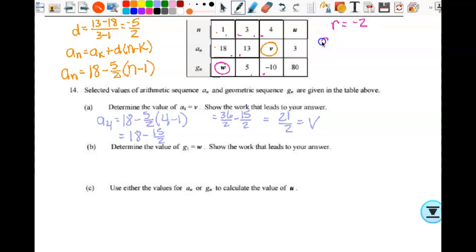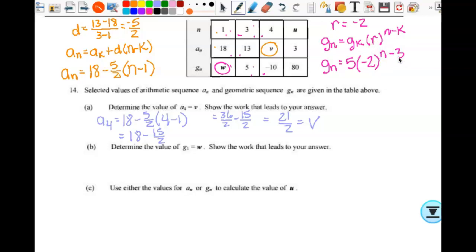Okay, and then I have that g sub n is equal to g sub k times r to the n minus k power. And I will use, well, I can't use this one. I like to use the smaller ones, but I can use these two here. So g sub n is going to be equal to g sub k, which is 5, times r, which is negative 2, to the n minus 3 power.